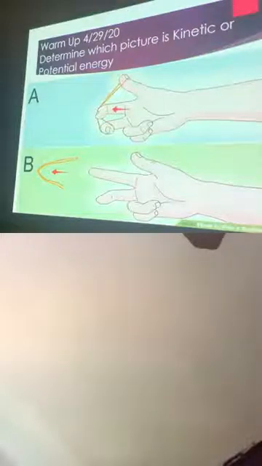Please, someone type in the comment box what potential energy is. Let's review from Monday. Golden Nugget says B is moving, which is kinetic, and potential is staying still.